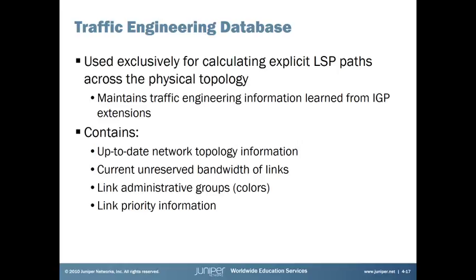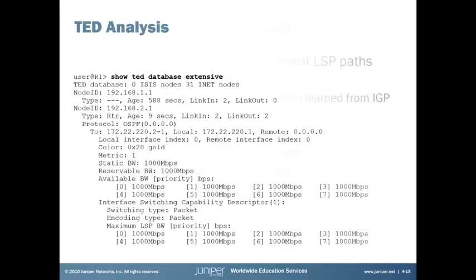It contains our administrative groups, which are usually expressed as colors, but they can be expressed as any meaningful classification that means something to you, or to the technical administration team of that ISP. And link priority information. Okay, so that is what's contained within our traffic engineering database.